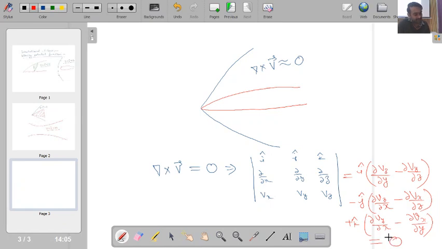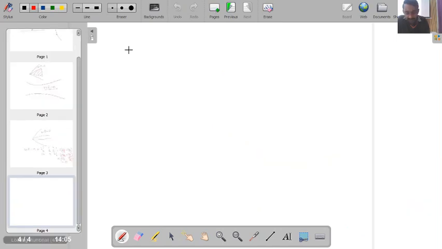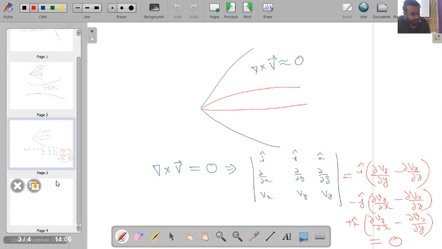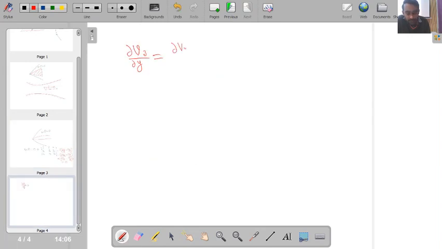So it means if this entire expression is 0, then each individual component also has to be 0. So rotations in individual directions would also be 0. From here I can say that for irrotational flow, del Vz by del y has to be equal to del Vy by del z.